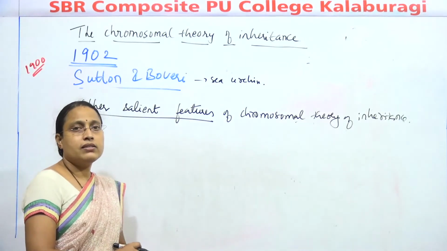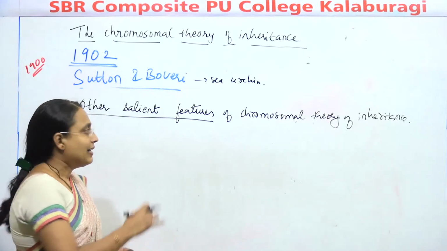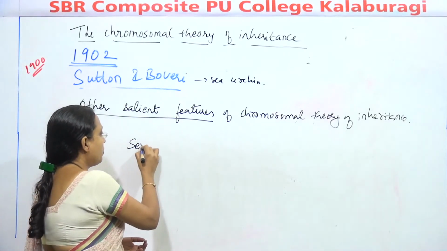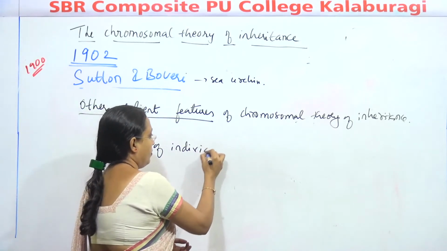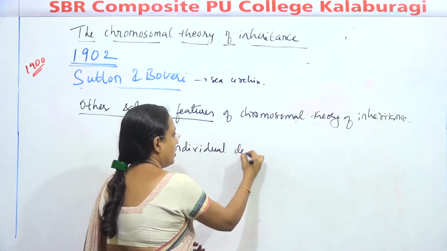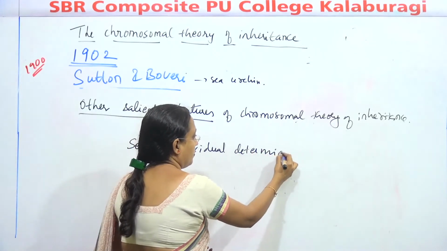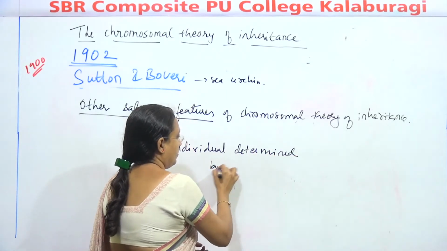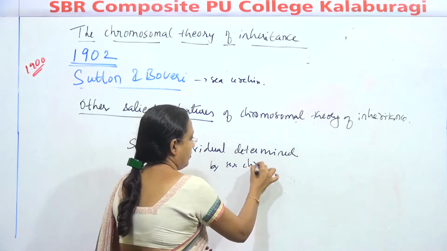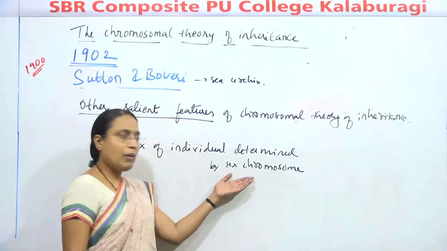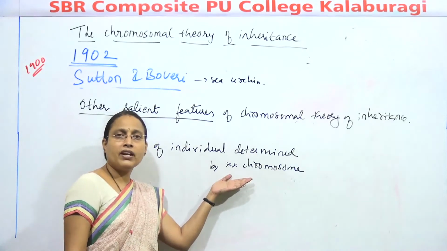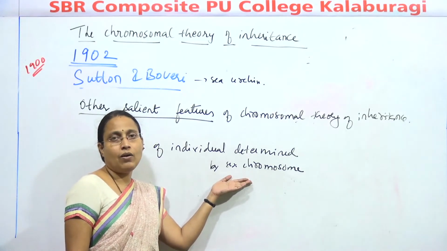Now, the next one is: the sex of an individual is determined by sex chromosomes. Remember that sex chromosomes, for example in human beings, are the X and Y chromosomes.